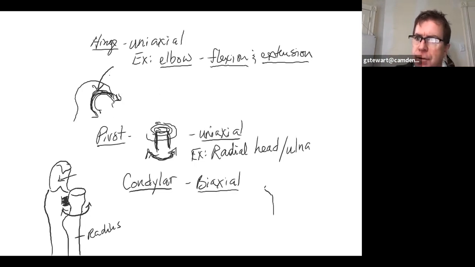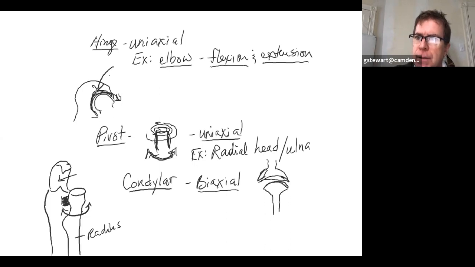The articular surfaces, if this is one bone, this is an exaggeration. And the other one has sort of a cup-like surface that fits over that convex surface like this. It's almost a ball and socket joint, but not clearly a ball and socket joint, but it's the same sort of setup.